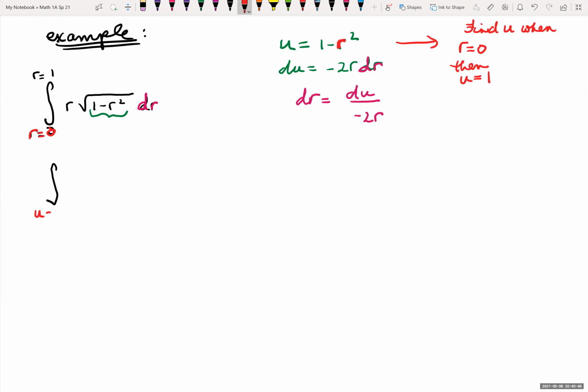So in here I got u is 1. And then I need to go back in, same idea, and plug in 1 for r and figure out what u is. So find u when r equals 1. Well, I get 1 minus 1 squared. 1 minus 1 is 0. So then u is 0.